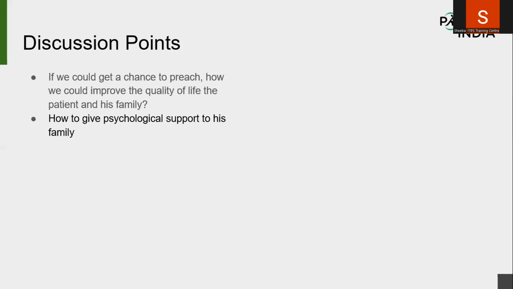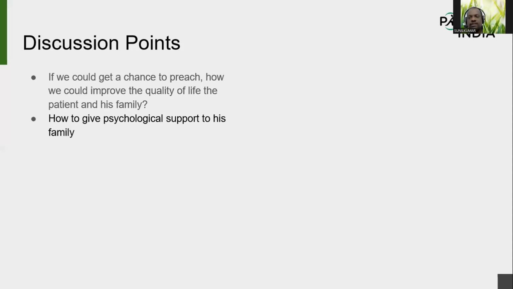These are the basic questions which I think all of you should answer. Are there any other ways to improve the quality of life of the patient and his family? To improve the quality of life, we should first explore what quality of life means to the patient and family.